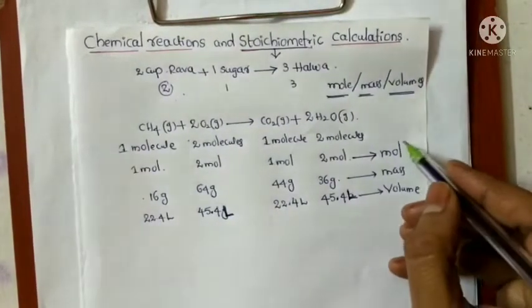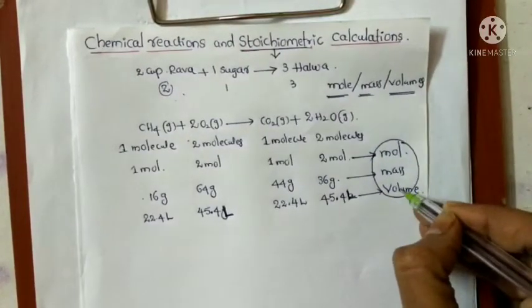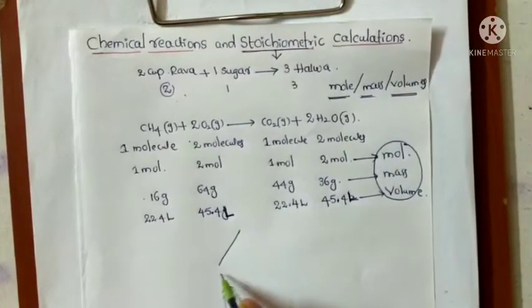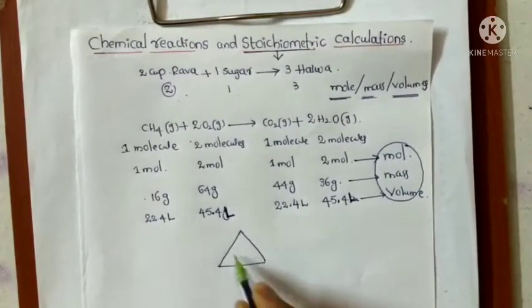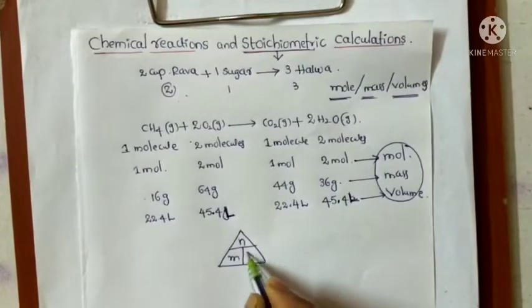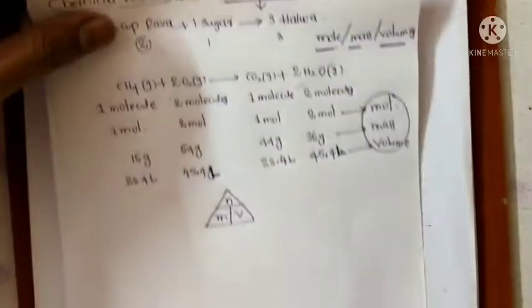So now these three units, moles, mass and volume, are interconvertible like this. You will easily remember the number of moles, the mass and the volume. These are interconvertible, and one chart will be given.